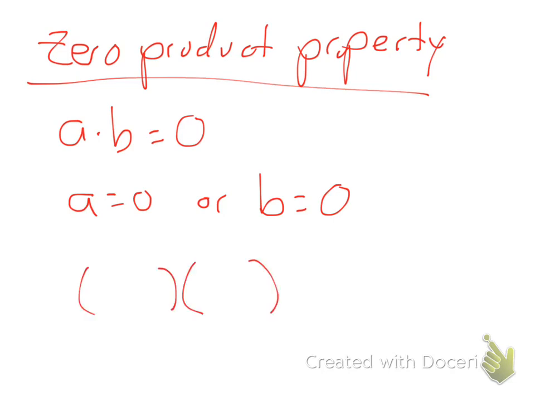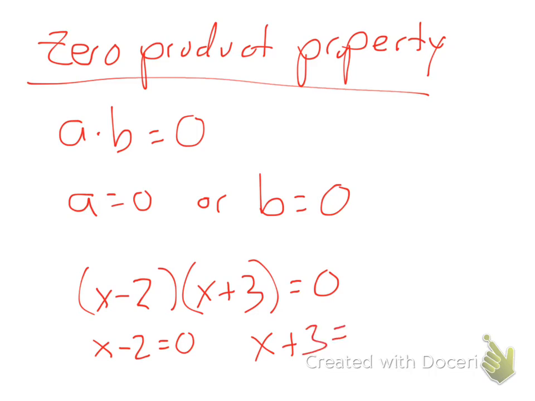What you have been doing the last couple lessons is taking problems and breaking them into problems that look like this. You are factoring. Factoring is breaking it apart. And so now you have things called factors, and these factors are set equal to 0. Well, guess what? It is following the A times B, because this can be like A and this can be like B, which means I can say x minus 2 is equal to 0, or x plus 3 equals 0, and I can solve them individually to find out what the x value would be to make that true.